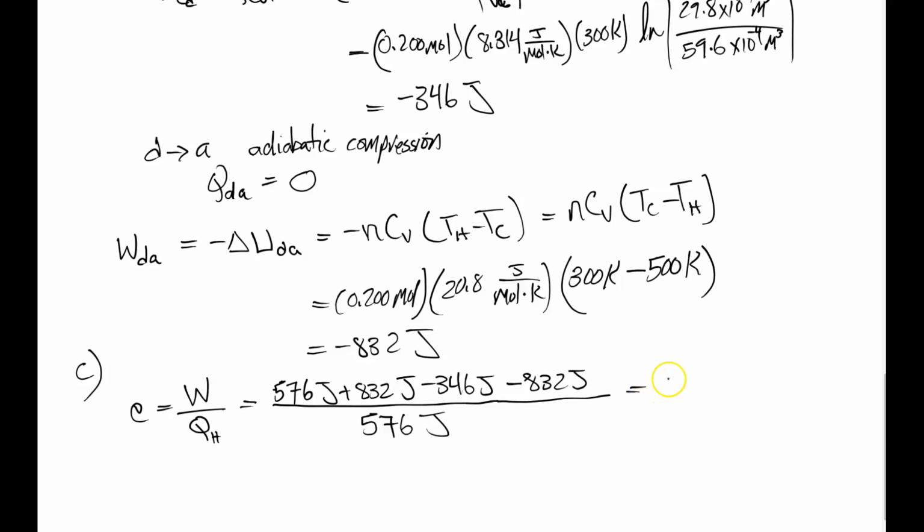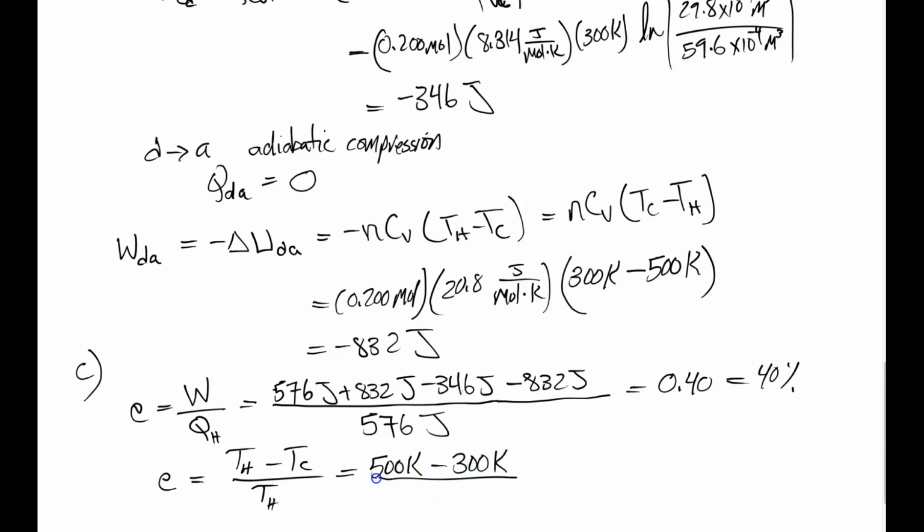So this gives us an efficiency of 0.4 or 40%. We could also have done this by saying that the efficiency is the difference between the two reservoirs over the high reservoir temperature. So this is 500 K minus 300 K over 500 K, which is again 0.4 or 40%.